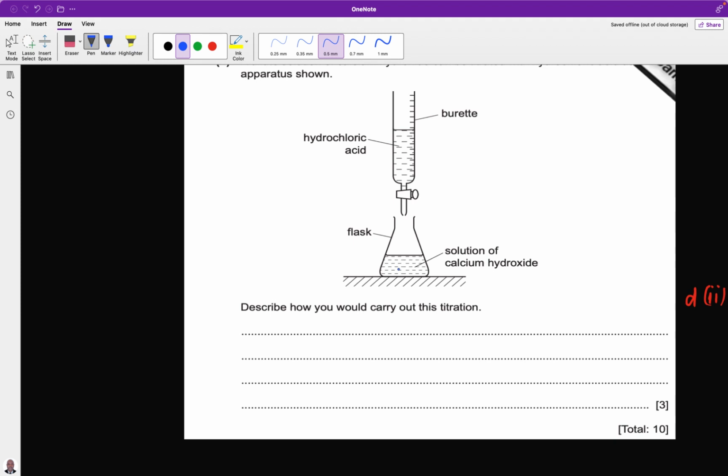You can use any type of acid-base indicator, but I would prefer you use phenolphthalein indicator. You are going to use a dropping pipette to add 2 or 3 drops of phenolphthalein indicator into the conical flask.